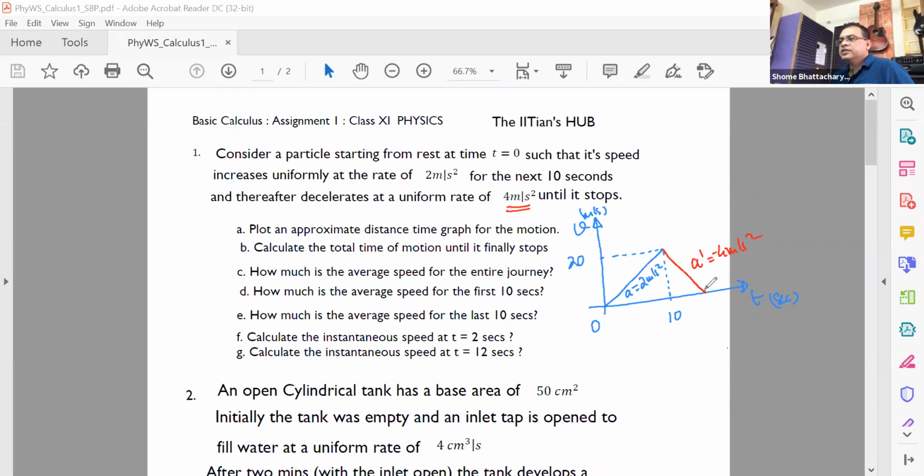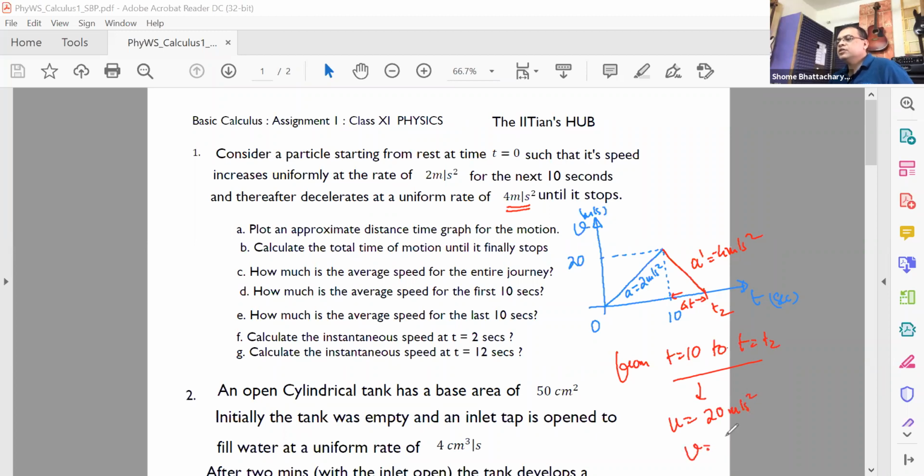square. So let's say this time interval is some delta t. What is happening during this delta t, from t equal to 10 seconds to whatever time I have over here, let's say this is t2? From t equal to 10 to t equal to t2, the initial velocity in this interval was how much? 20 meters per second.